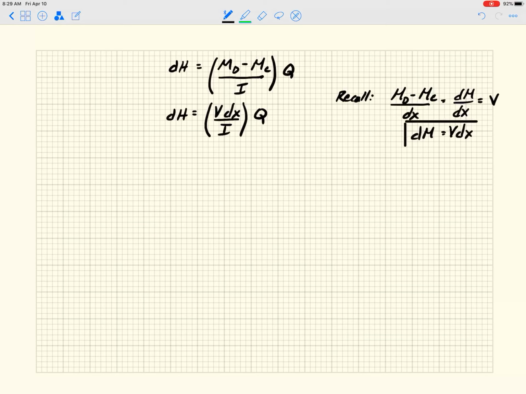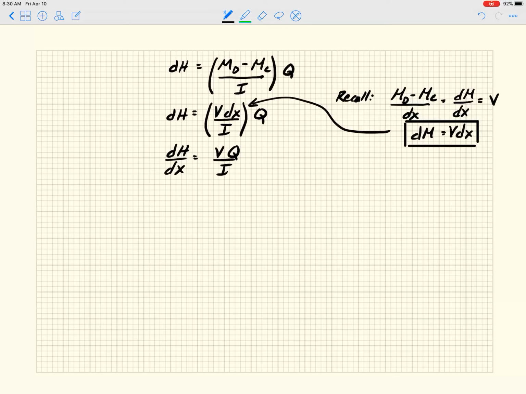That is what I plugged in right there. So MD minus MC just became V dx. Now I'm going to divide dx through both sides, and I get VQ over I.